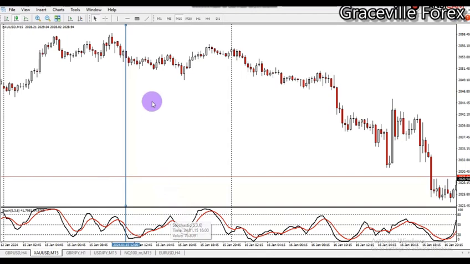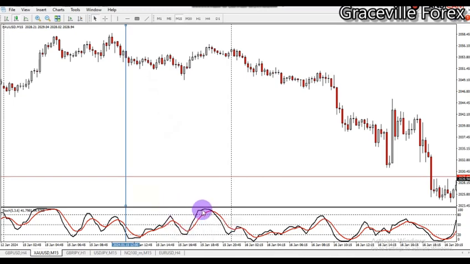We have to wait for the 4-hour candle to close before we look for the overbought or oversold position on the 15-minute time frame. These candles all formed the 4-hour candle, so this push is invalid for entry.